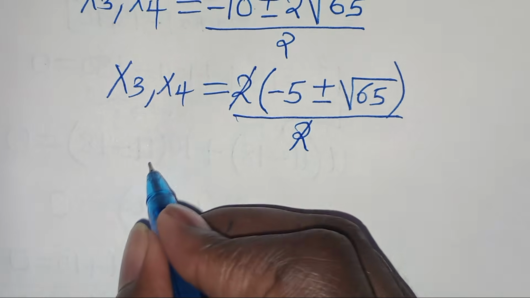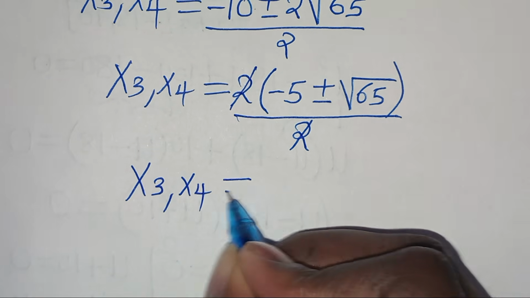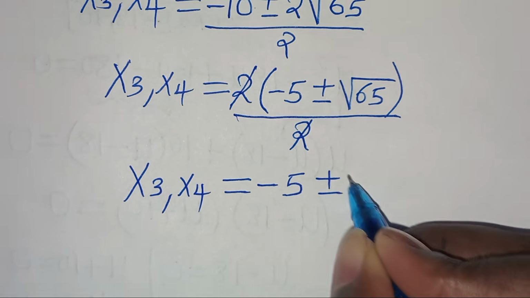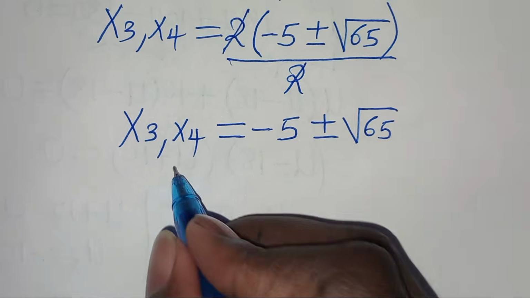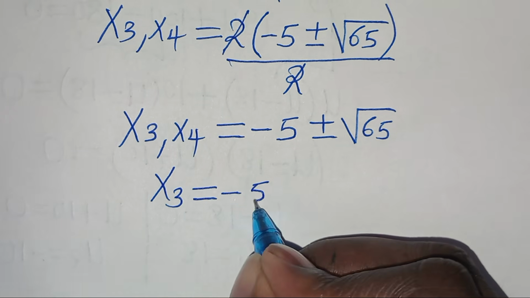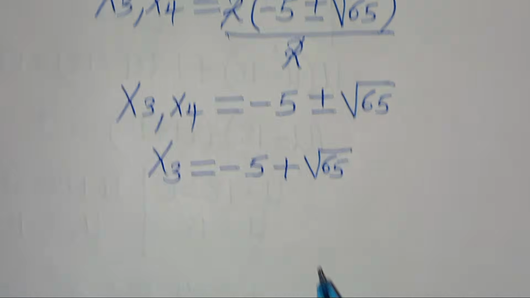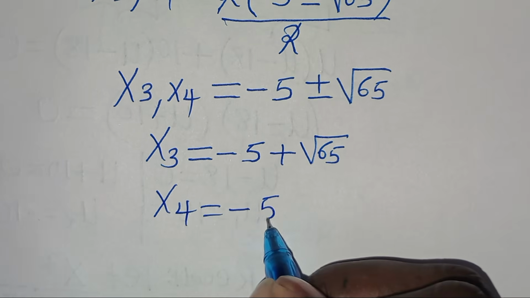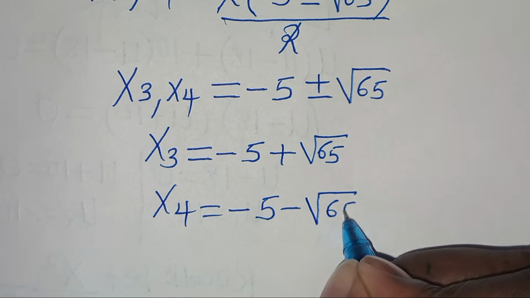And this implies that x3 comma x4, this is equal to minus 5 plus or minus square root of 65. So therefore we have x3 is equal to minus 5 plus square root of 65. And we have x4 is equal to minus 5 subtract square root of 65.